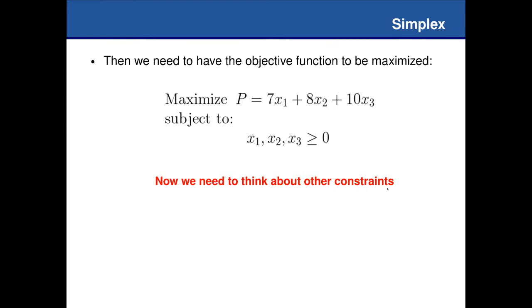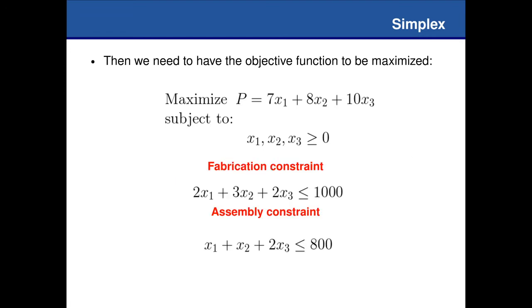Remember, we have 1,000 hours for fabrication and 800 for assembling those components into motherboards or whatever. In that case, the fabrication constraint will be upper bounded by 1,000 because we have 1,000 hours available. And the assembly line is going to have at most 800 hours available.